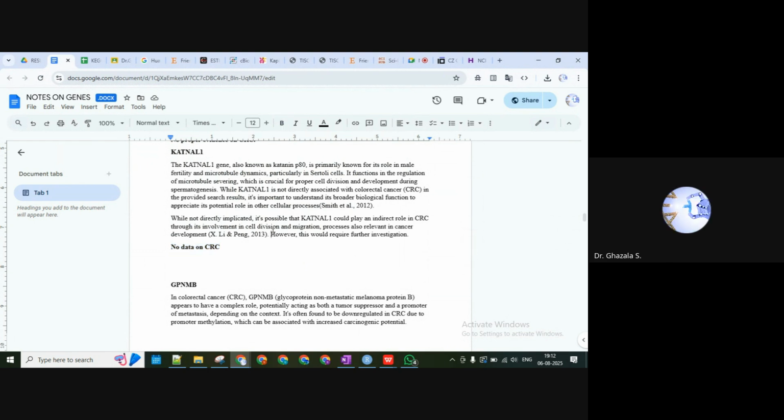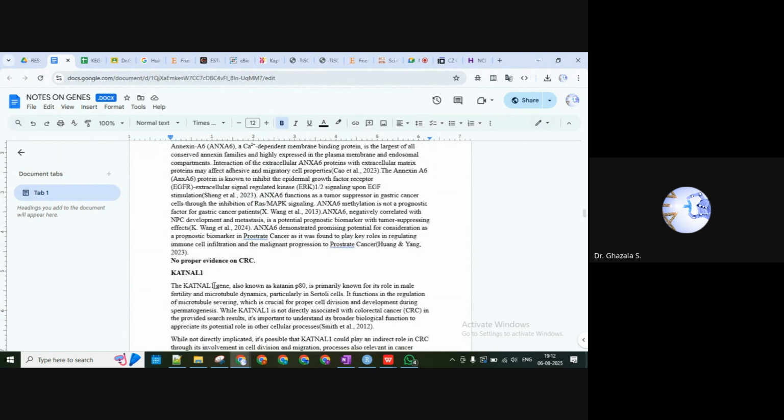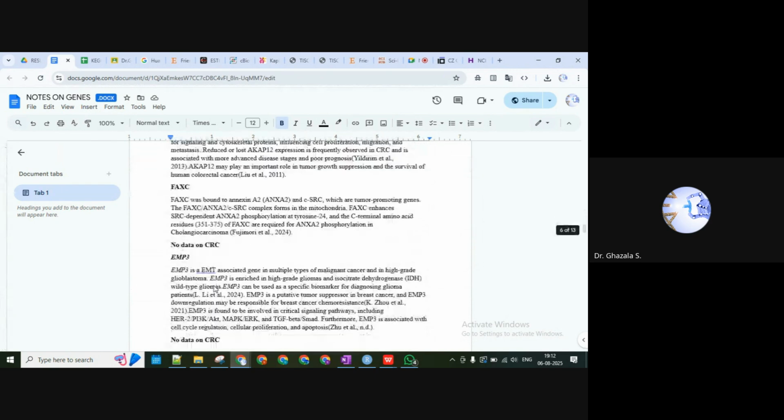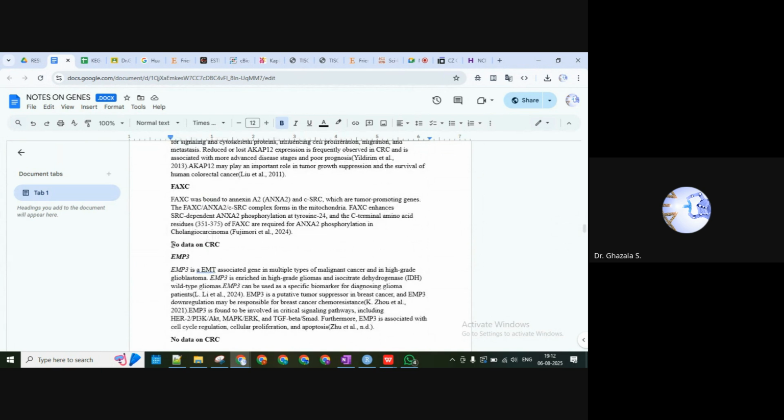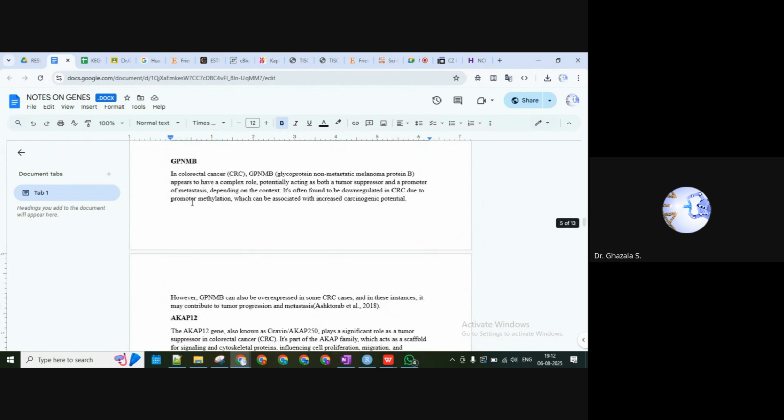Okay, then what we will do is take all the genes as of now, because anyway we do not have certain information on their relation with CRC, but for some genes it's certain, right? For GPNMB, and for other genes it is related to CRC.